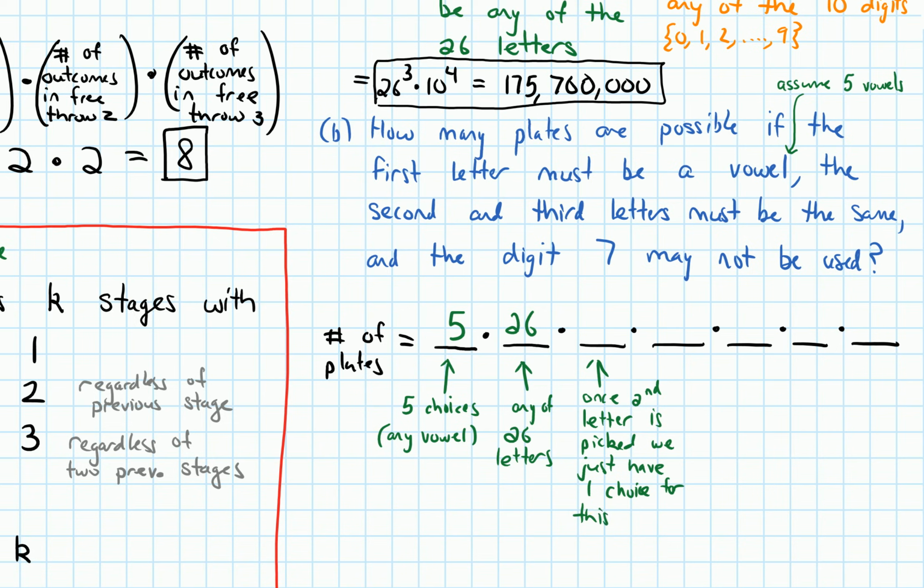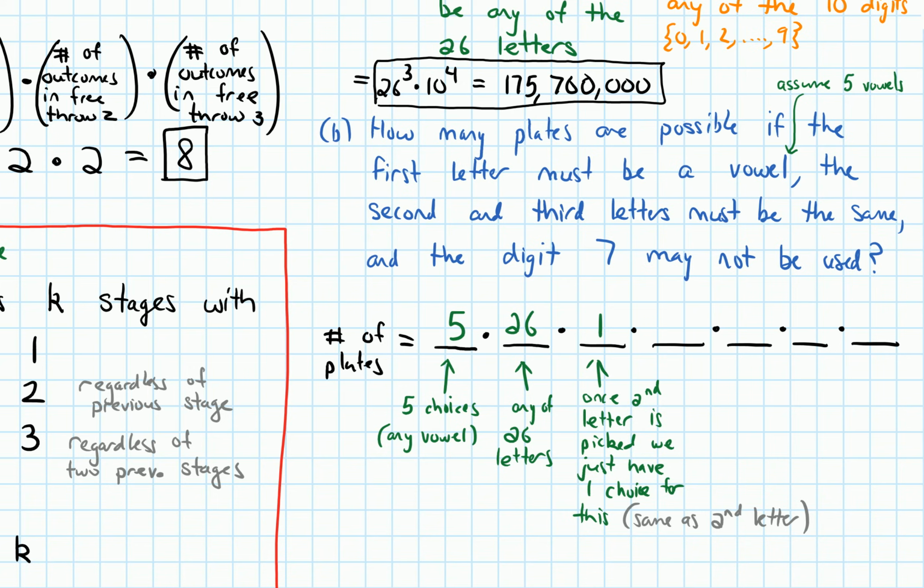It's got to be the same as the second letter. So if the second letter had been a D, the third letter has to be a D. We only have one choice. But if the second letter had been something different, like F, that forces our hand in what we have to let the third letter be. So there's actually just one choice for the third letter once we've picked the second one.